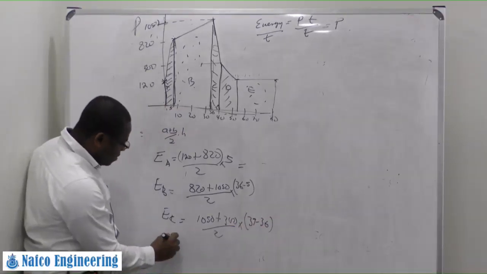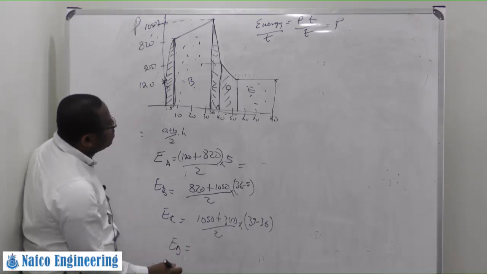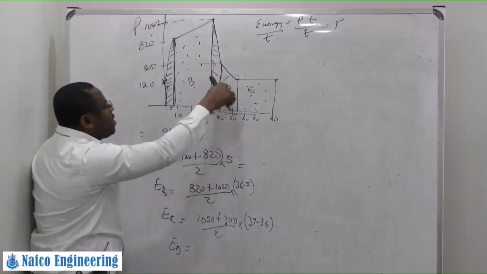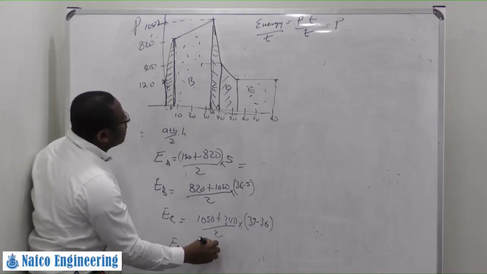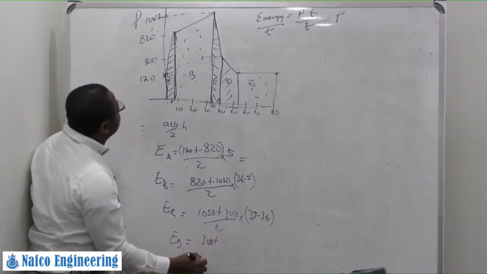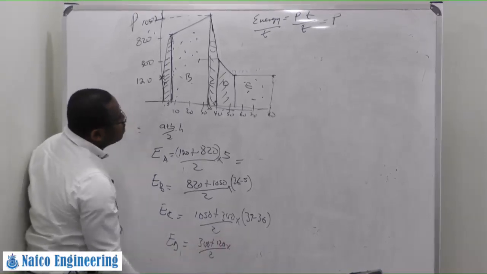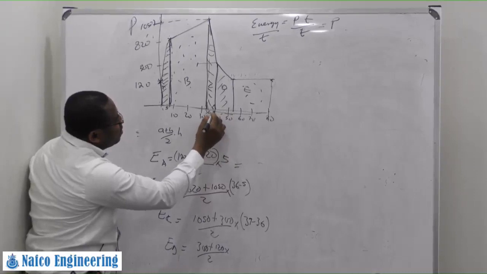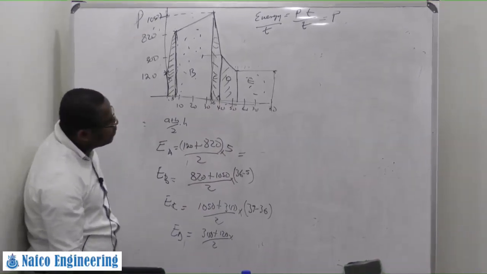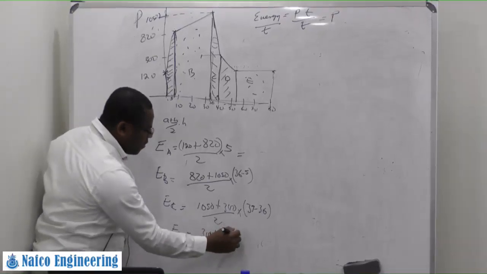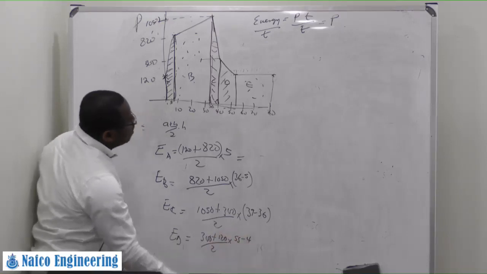Now energy D, the sum of the two adjacent sides, which is 300 plus 120, divided by 2 times from here to here, which is 55 minus 39.